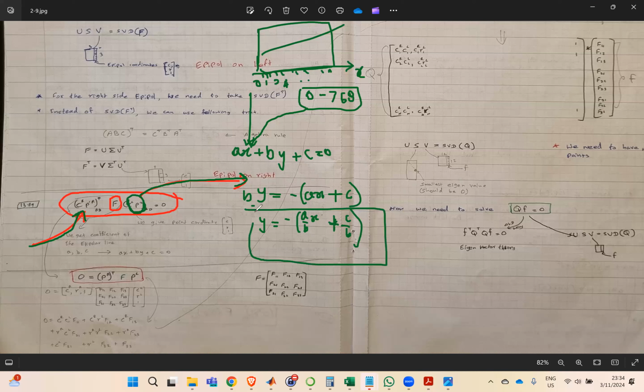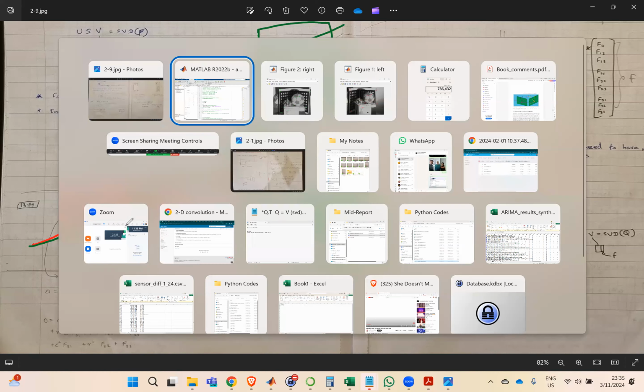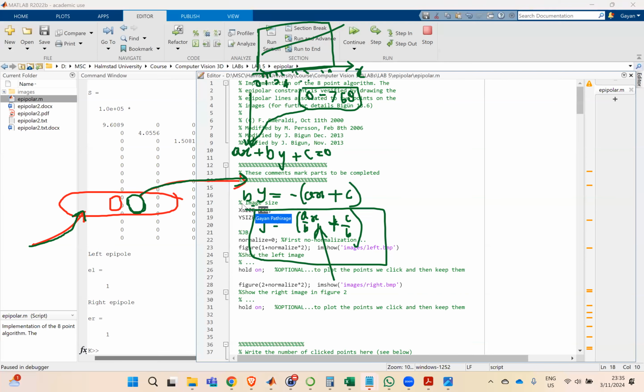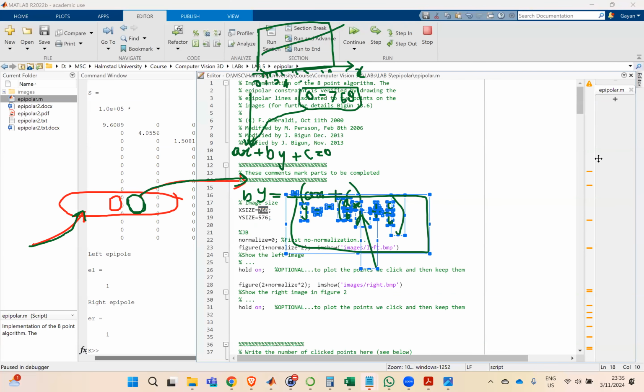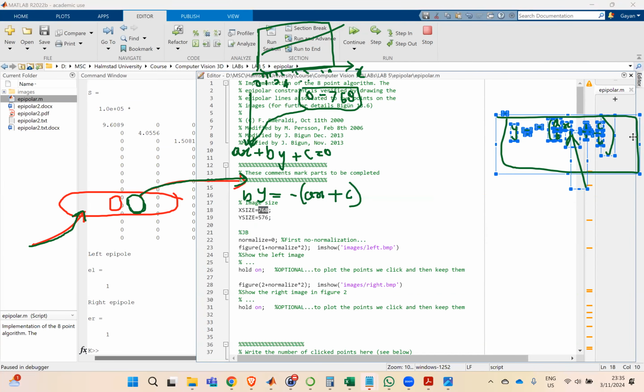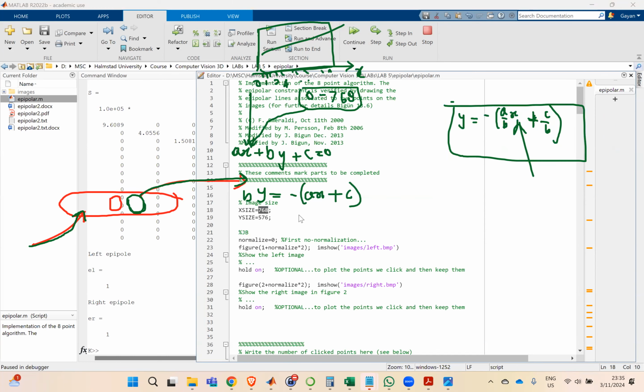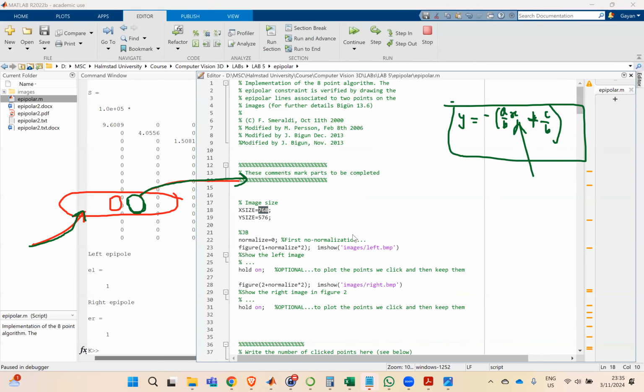Yeah. So now this is our equation. So we give all the values from 0 to 768. So we get y values. Then we can draw a line. Okay. So I'll just keep it on the screen. And I'll try to move this because the only important thing is what we agreed. So I'll delete the rest of the things.